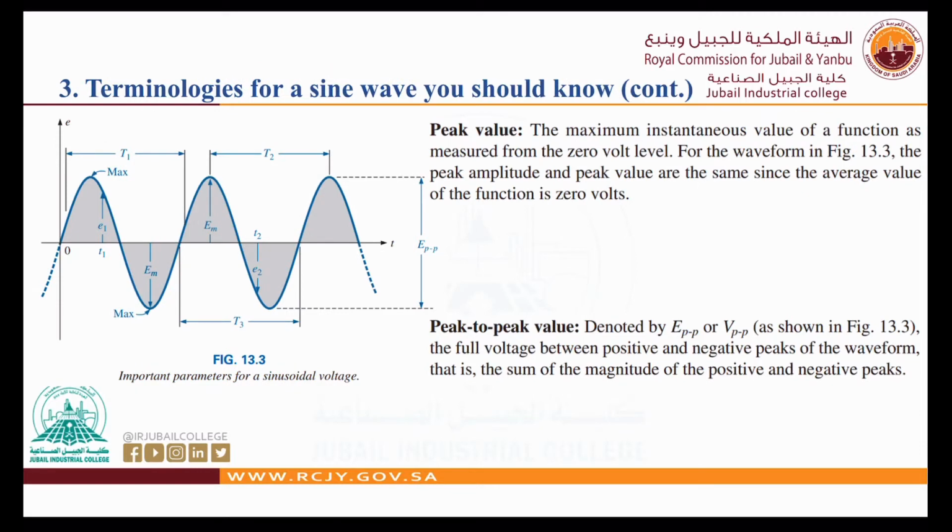Now, what is the peak value? The peak value is the maximum instantaneous value of a function as measured from the 0 level of volt. When I say the peak of the mountain, I mean the tip of the mountain, the maximum point, from 0 to this point.